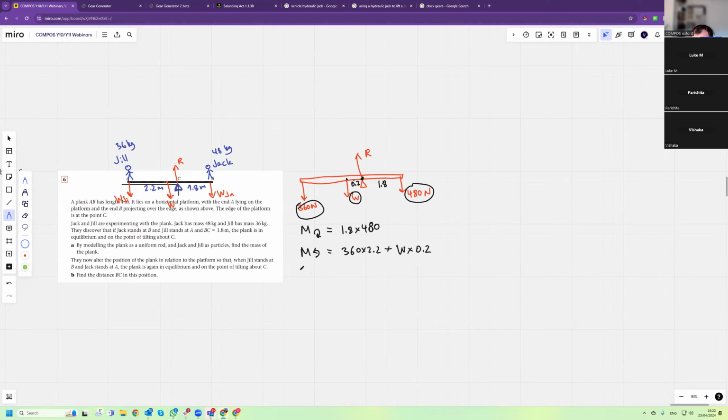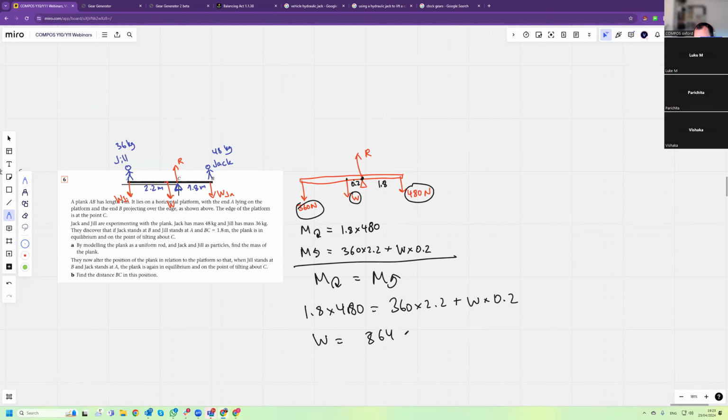And because the plank is balanced, we know that the clockwise moment is equal to the anti-clockwise moment. And we can write that 1.8 times 480 is equal to 360 times 2.2 plus W times 0.2. And we can work out W. W is 1.8 times 480, so it's 864, minus 360 times 2.2, 792, divided by 0.2.